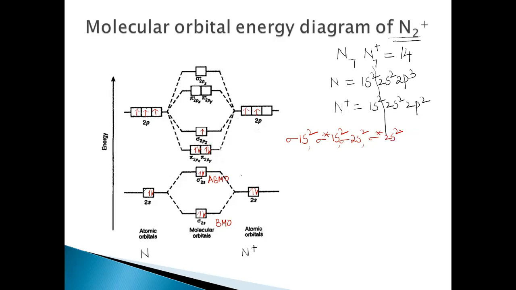Then coming to pi, pi 2px2, pi 2py2, then comes sigma 2pz1. Right? So this is how you write the electronic configuration of N2 plus here.